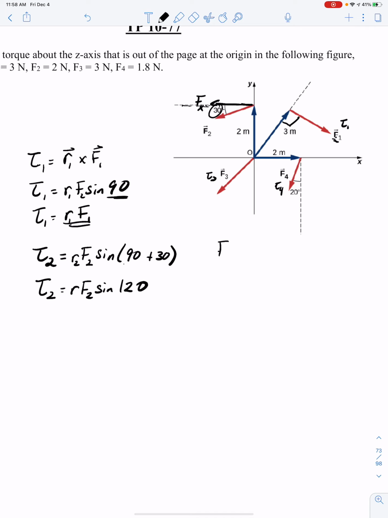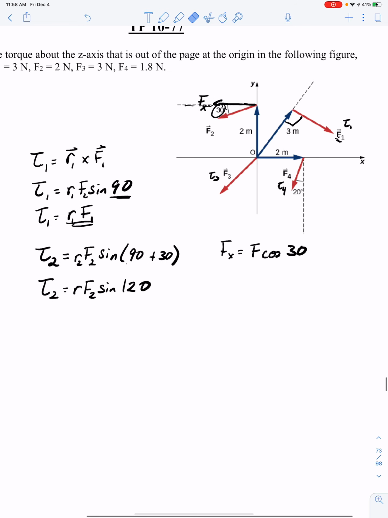So that means I can rewrite it as F of x equals F cosine of 30. And then you just multiply by r to get the torque. Let me just put it here, torque. Because they're now completely perpendicular to each other. That is another way to do it. Those are options. Okay?